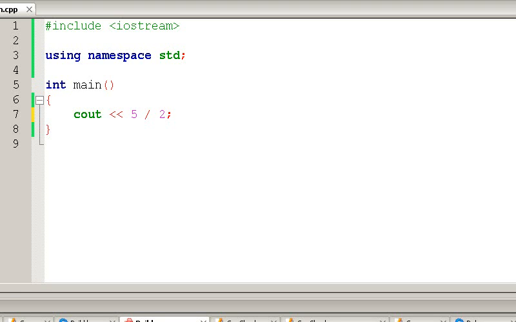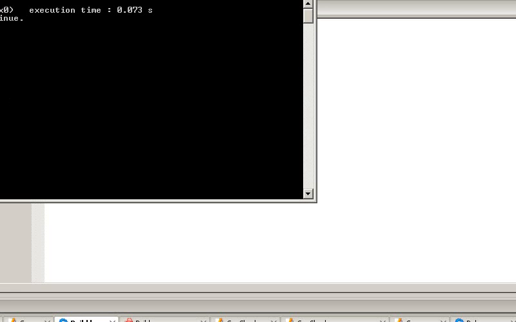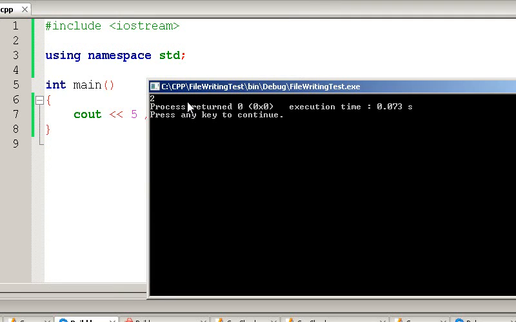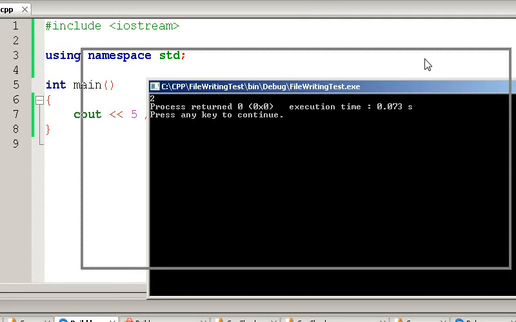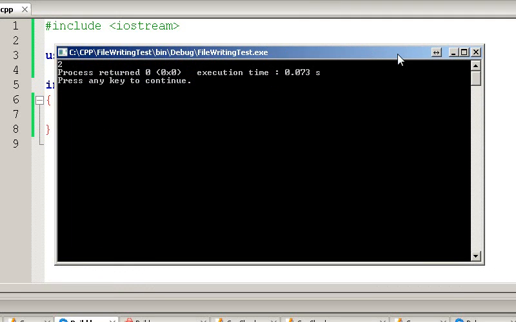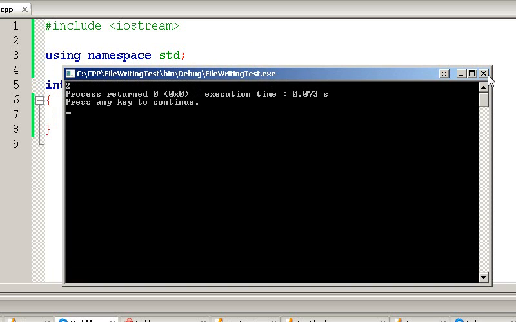But when I try to run this, you will see that the answer is 2. It's just 2. And you think, well, that doesn't make any sense, because even if you round the answer up, it'll be 3, not 2. So here you got 2.